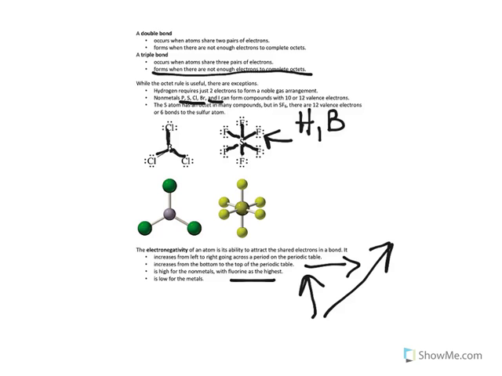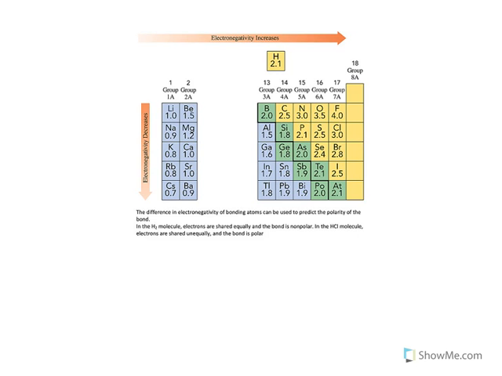Noble gases do not have electronegativity values because electronegativity is a measure of an atom's ability to attract shared electrons in a bond. Most noble gases already have 8 valence electrons and don't generally like to bond, so we don't give them electronegativity values. Here is a piece of the periodic table showing some of the values.